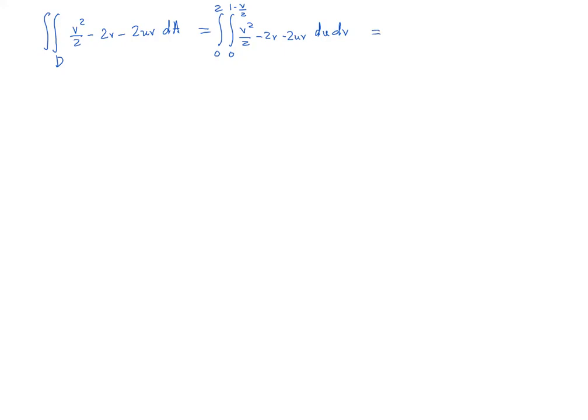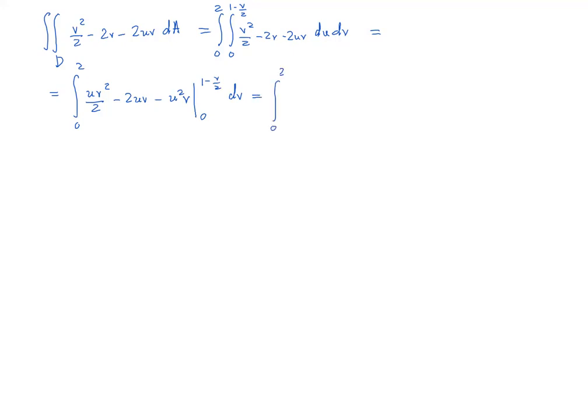So this will be the integral from 0 to 2. Let's take the antiderivative with respect to u. This will be u v squared over 2 minus 2uv minus u squared times v, going from 0 to 1 minus v over 2, dv. We have to finish the work.